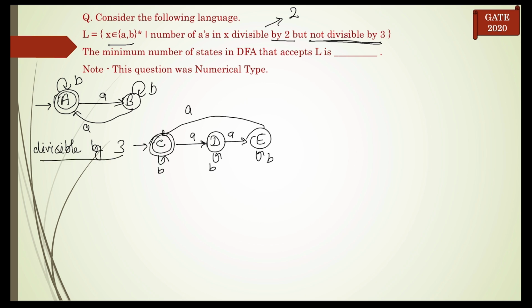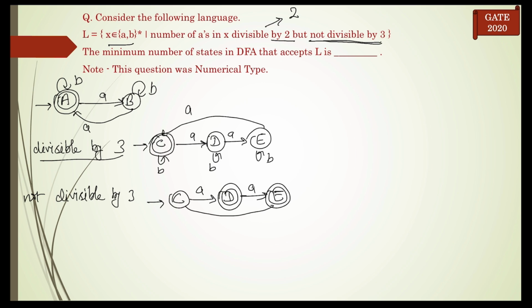Now this is for divisible by 3, but in the question it is given that it should not be divisible by 3. So to construct a DFA which is not divisible by 3, we have to interchange the final and non-final states. So D and E will be our final states and the transitions will remain the same.